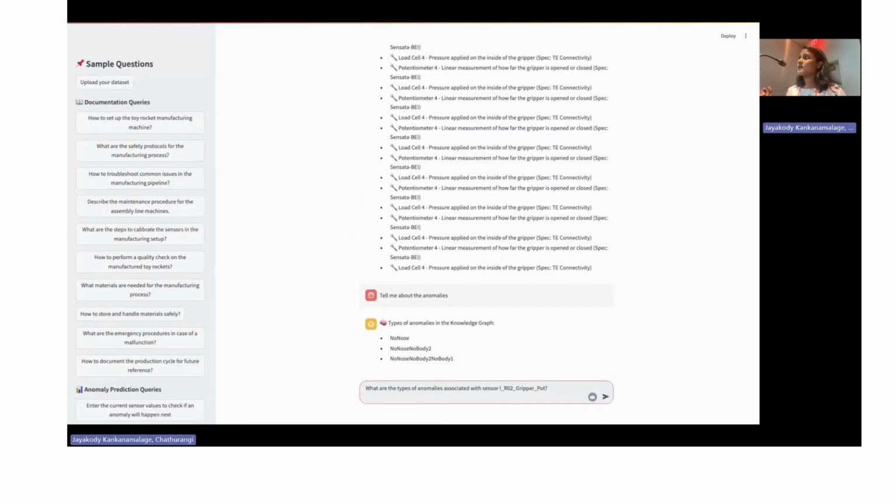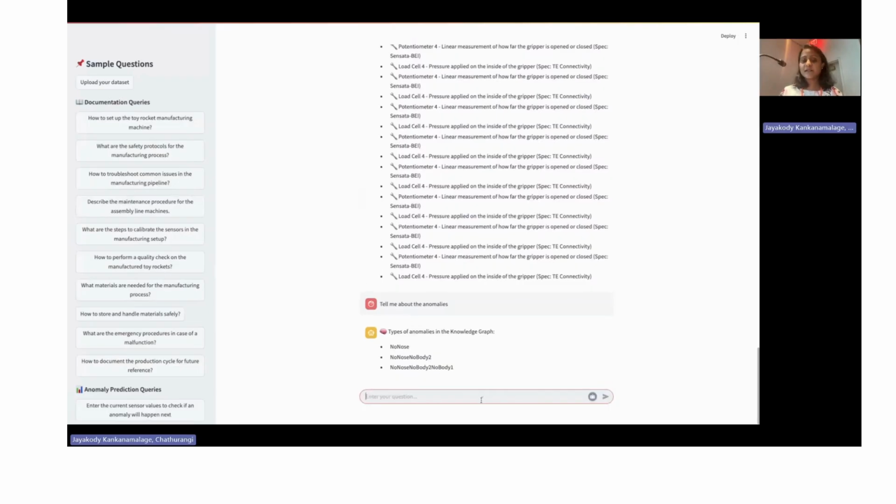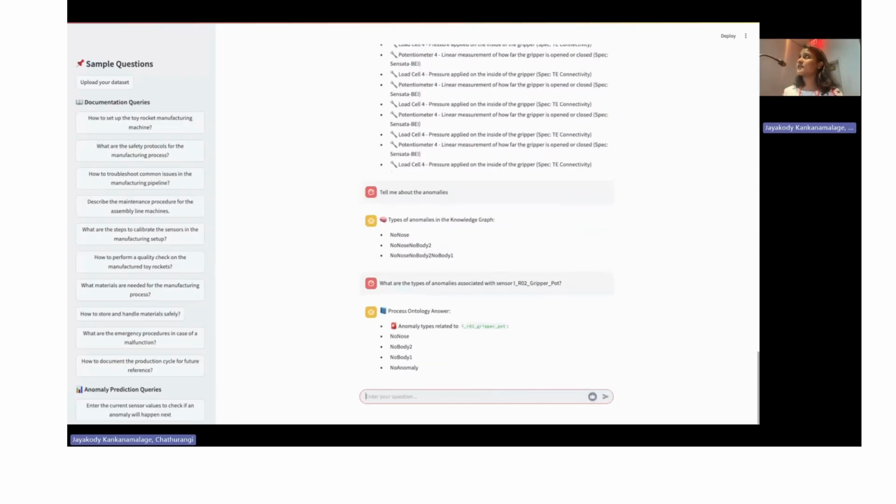Maybe I can ask more questions like what are the types of anomalies related to this particular load cell or the particular sensor values that you see in the first stage where we upload the dataset. And then it gave me the types of anomalies associated with the sensor that I input here.